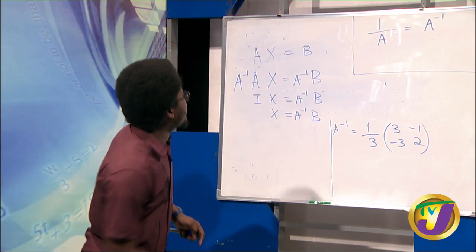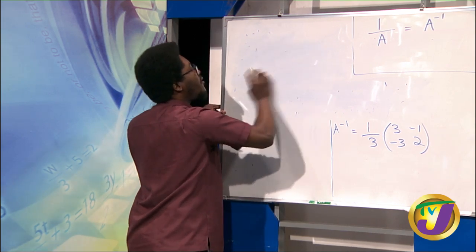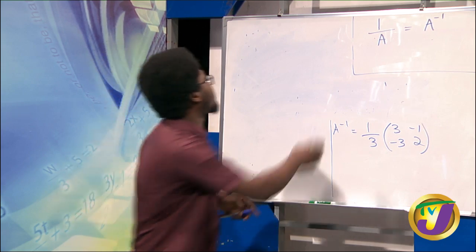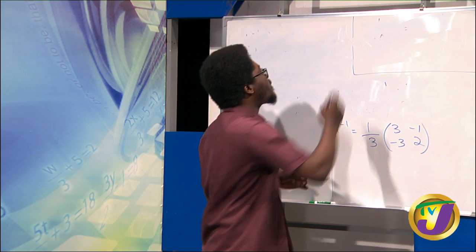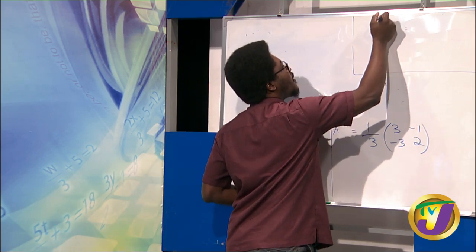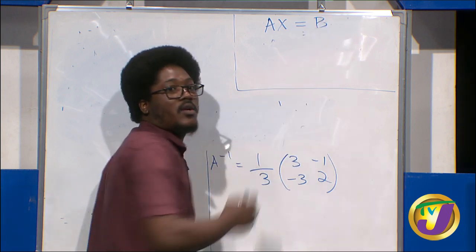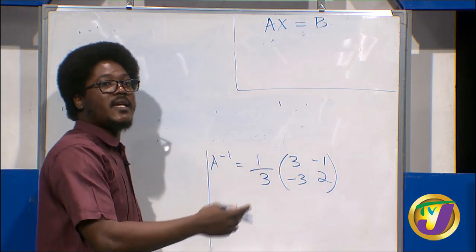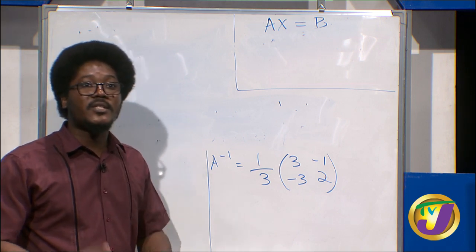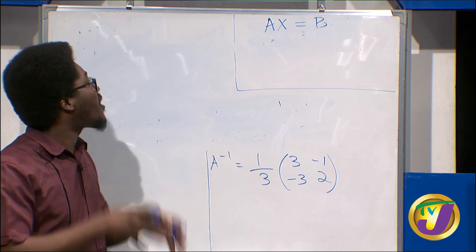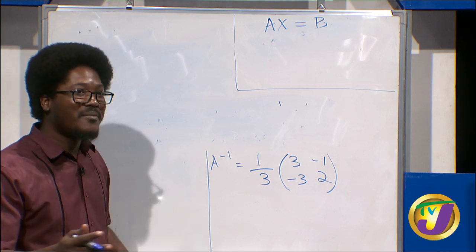So let me just state some facts that we would have established already. We first write it in the form Ax = b. We also know that A is the matrix of coefficients, X is the variable matrix and B is the solution matrix.